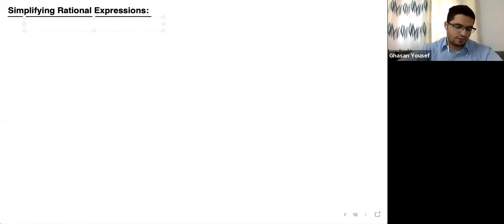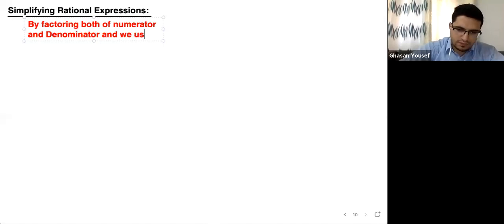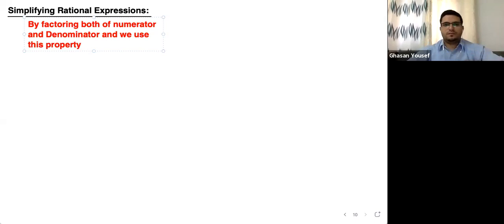Here, by factoring both the numerator and denominator, and then we use this property.